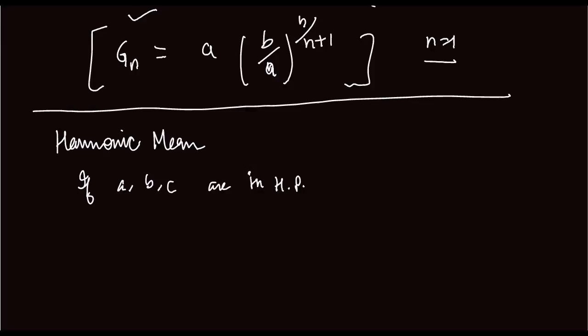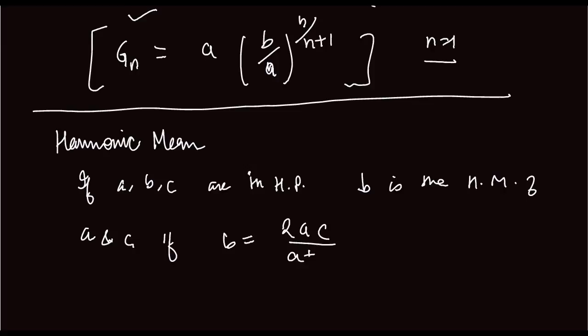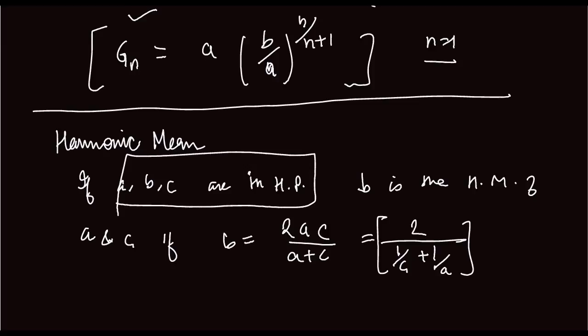Then B is the harmonic mean of A and C if B is equal to 2AC by A plus C. This can also be written as 2 upon 1 by C plus 1 by A. First of all, let me tell you: if A, B, C are in HP, this implies 1 by A, 1 by B and 1 by C are in AP.